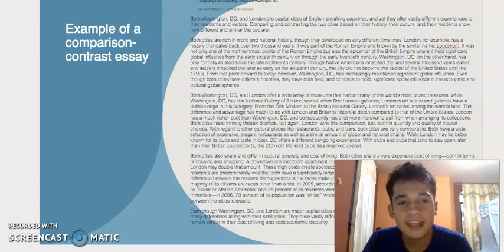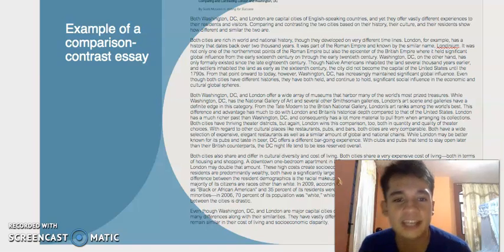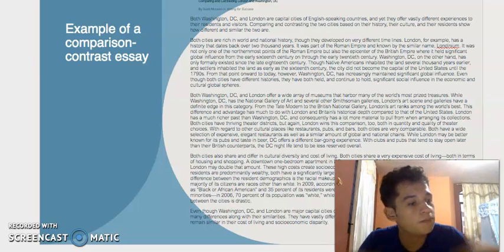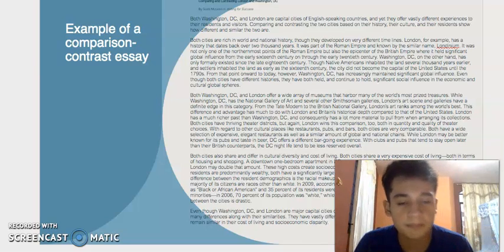Now, here is an example of a comparison and contrast essay. Basically, we're comparing two very well-known cities, which are located in two different places. For example, Washington, D.C., which is located in the United States of America, and London, which is located in England. These two are the capital cities of English-speaking countries.